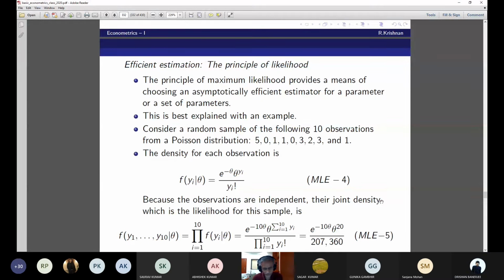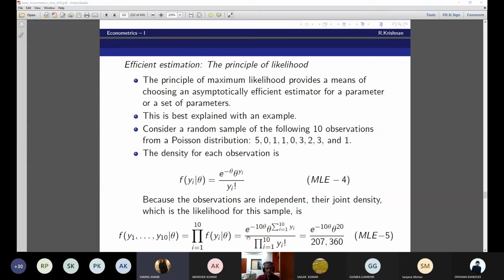Now use the statistical word for that peak. Suppose we use the word mode for that peak. What is the other, easier way of finding that mode for any function? dL by d theta.